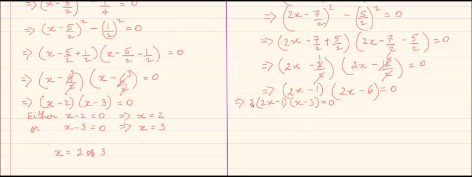Now, we can get rid of this 2 by dividing the entire equation by 2. If we divide the left hand side by 2, we can eliminate this 2. And on dividing the right hand side by 2, it becomes 0 by 2, which is nothing but 0. So we will be having (2x − 1)(x − 3) equal to 0, right?